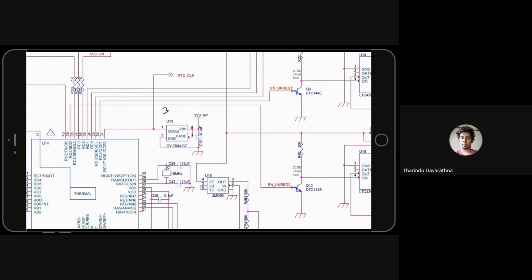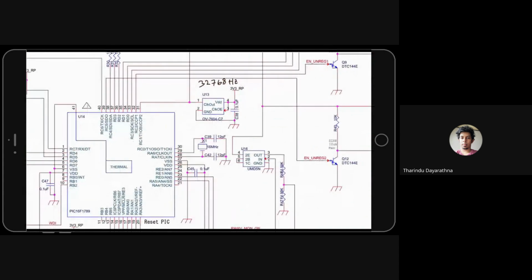That is 2 to the power 15. This creates a 32,768 hertz signal. That synchronization signal goes to the reset PIC and every other PIC.